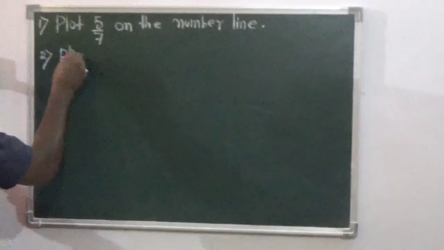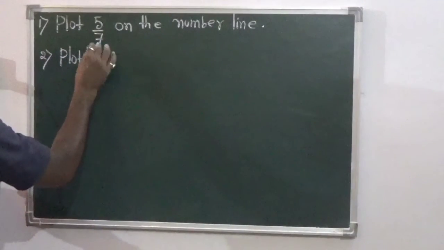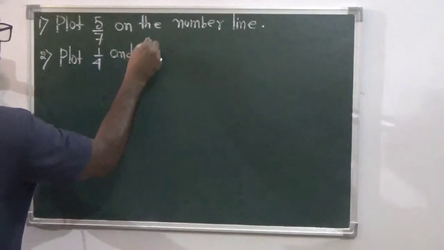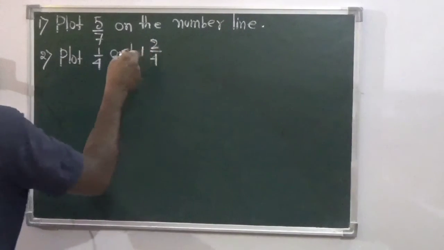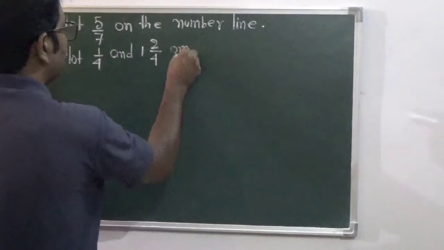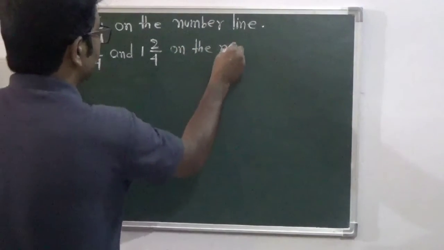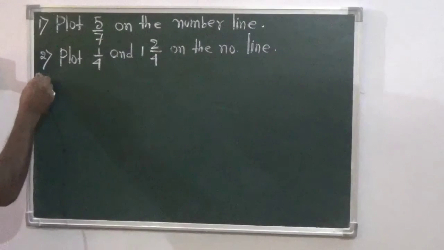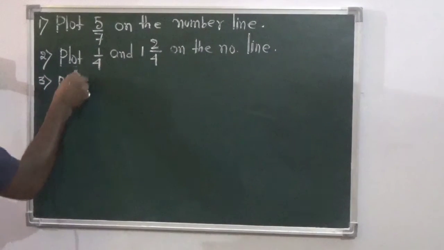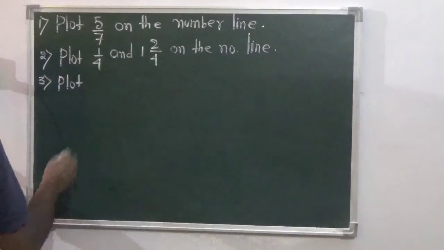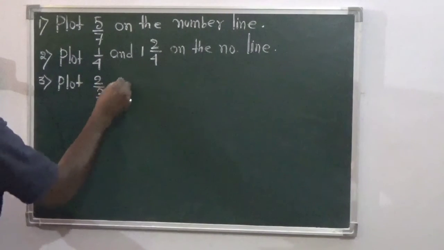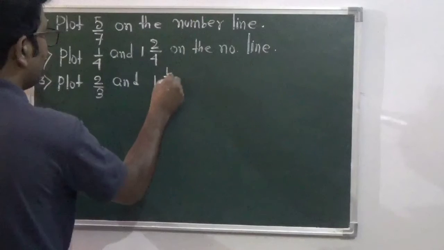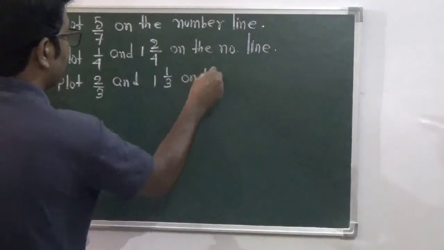Plot 1 by 4 and 1 whole 2 by 4 on the number line. Number 3. Plot 2 by 3 and 1 by 3 on the number line.